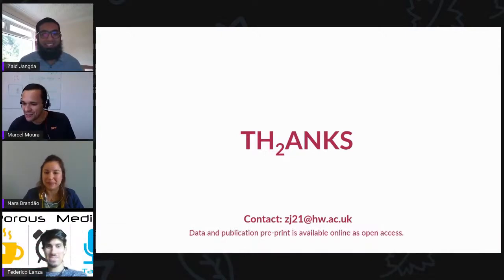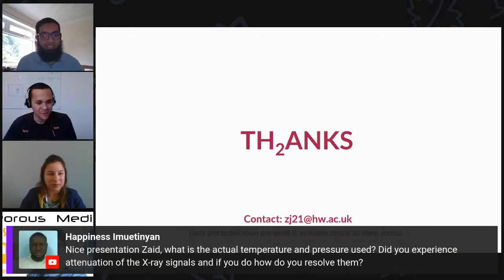Another question from Happiness Imwetinian. Nice presentation, Zaid. What is the actual temperature and pressure used? Did you experience attenuation of the X-ray signals? And if so, how do you resolve them? Okay, the temperature and pressure conditions were mentioned earlier. We used 100 bar pressure and 50 C temperature, and those are the conditions at which we did all our experiments.